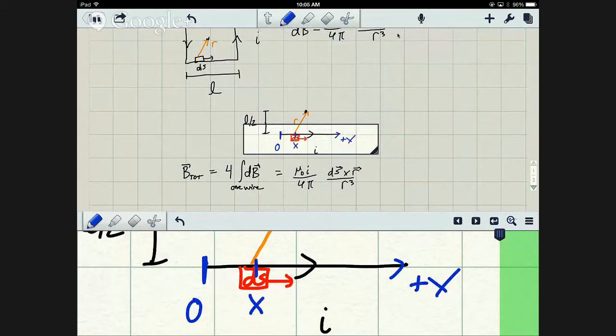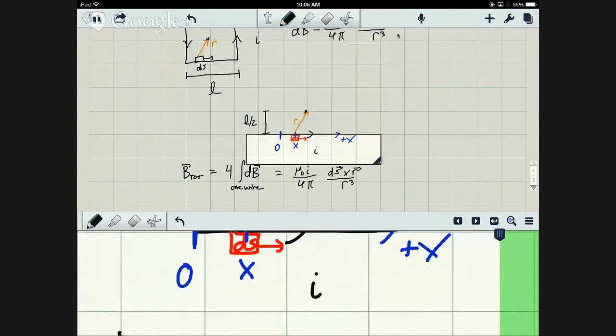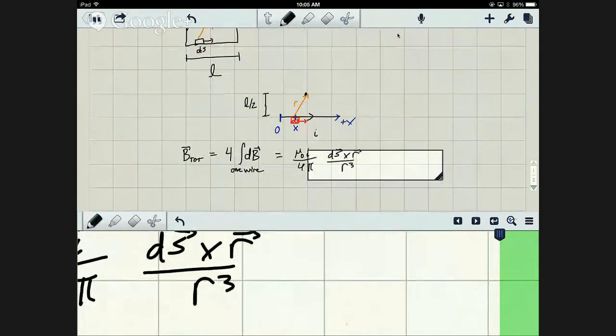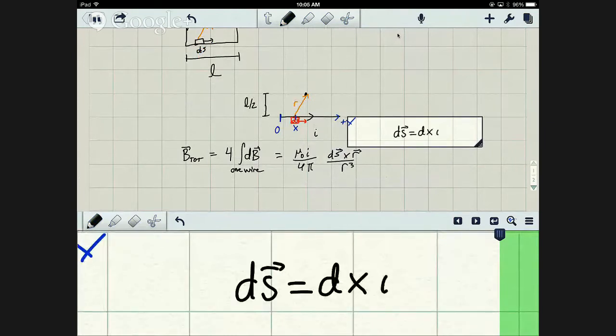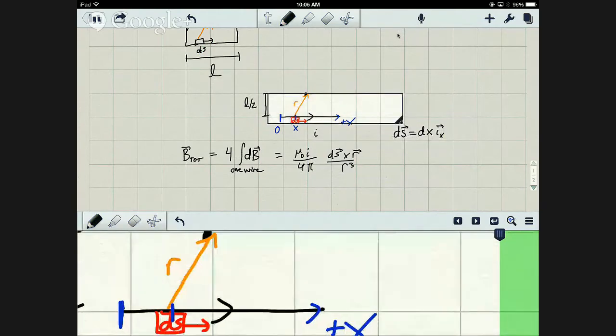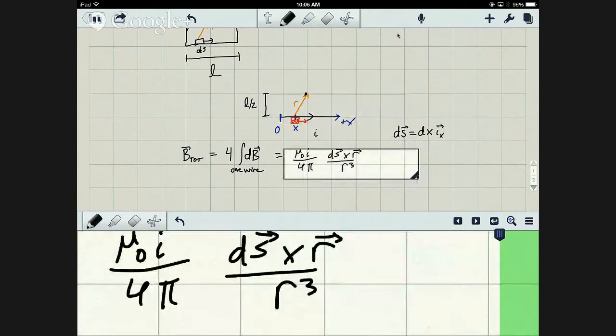This will be at a location x. Now I have ds is essentially equal to dx ix. Our r vector now is going to have two components, an x and a y component. Now in this cross product, the only component that matters is that y component. The x components in the cross product won't have any effect.